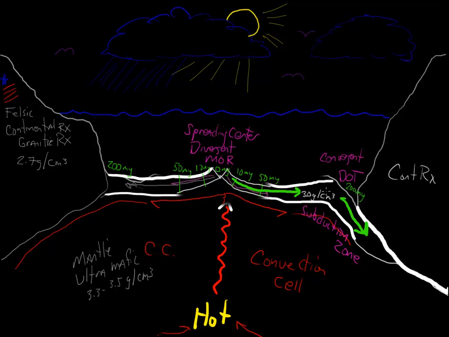As it gets forced down, we get runoff coming this direction, so we get material that actually ends up down in this trench, the deep ocean trench, and water gets pushed down.